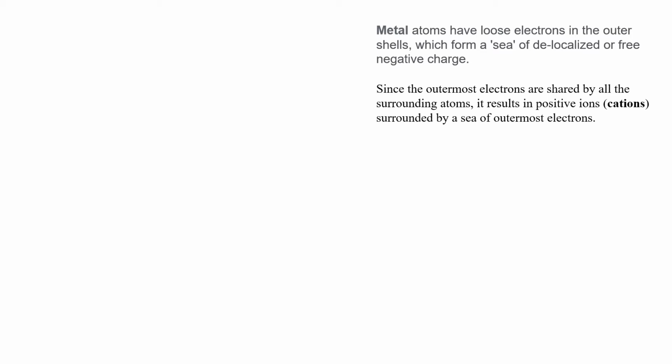As we know, the conductors are usually made with metal in ICs. If you see, metallic atoms have loose electrons in the outer shells, which form a sea of delocalized or free negative charge. Since the outer electrons are shared by all the surrounding atoms, it results in positive ions, which surround a sea of outermost electrons.